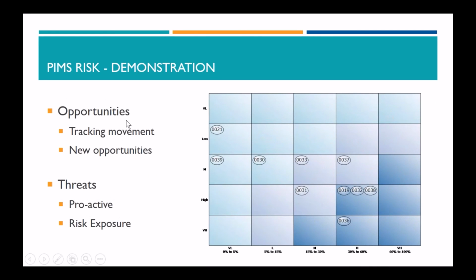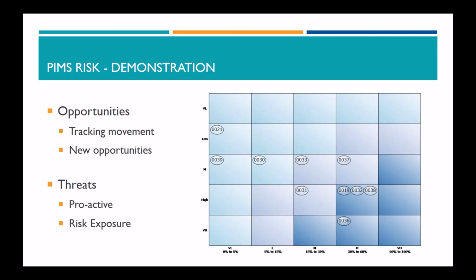So today we're going to look into Pims Risk. The demonstration is going to focus initially on opportunities and how we make sure that the opportunities are being progressed, that they haven't just been listed and ignored. We'll also look at whether new opportunities are being added into the system for the project over time, or whether it's just the initial list of opportunities and nothing else gets added or thought about over time.